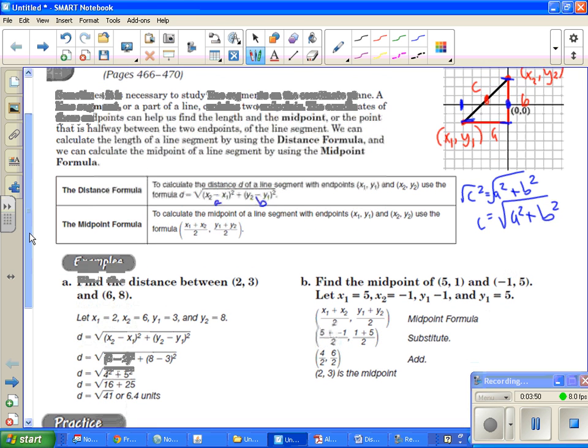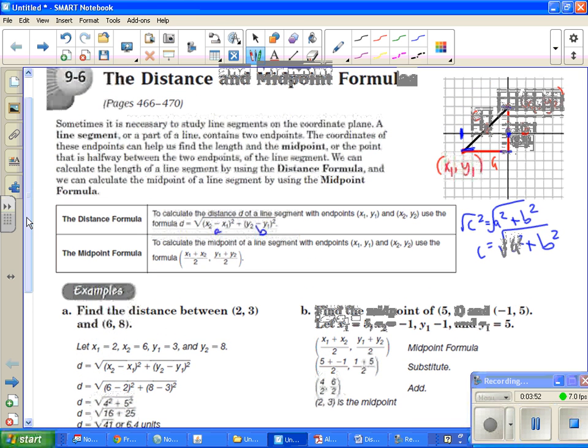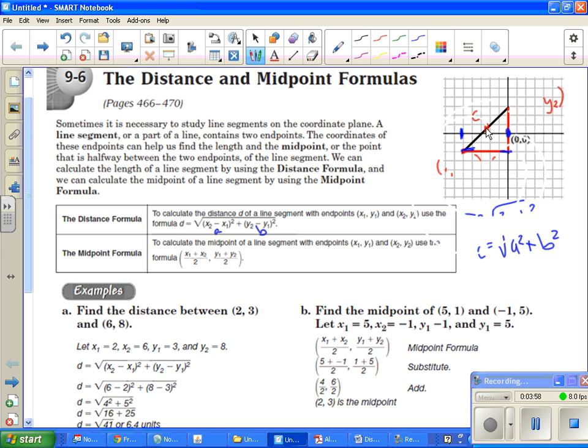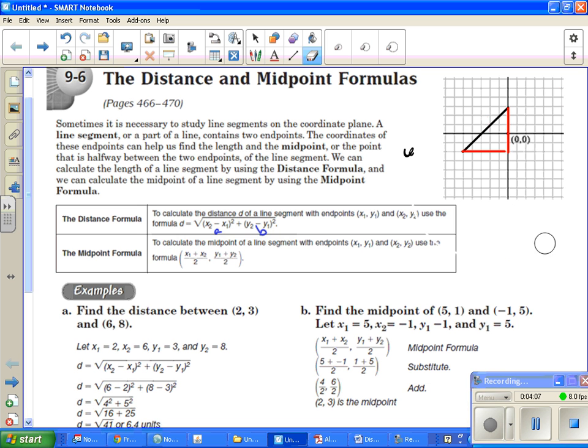All right, so if you look down at this example they gave us, we're trying to find the distance between (2, 3) and (6, 8). Let's see if we can make this fit on the graph. Get rid of these lines. So here's (2, 3).